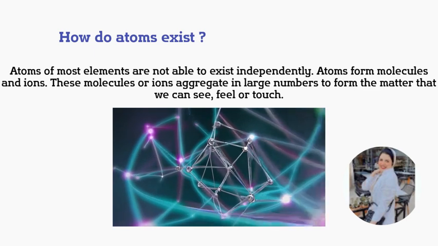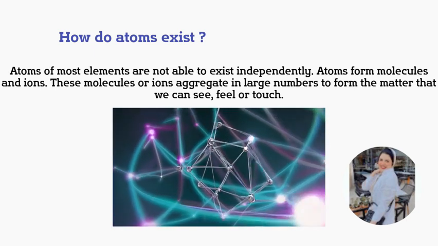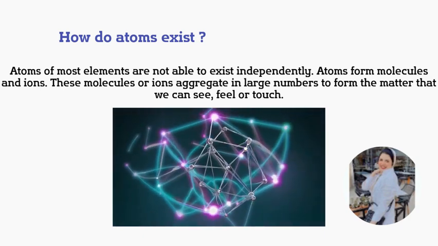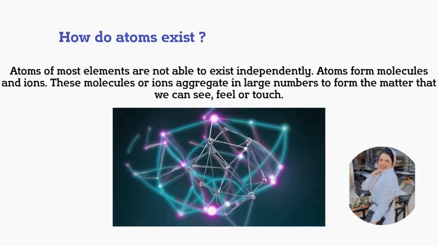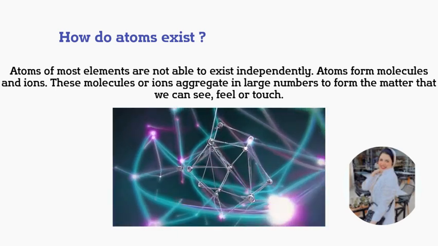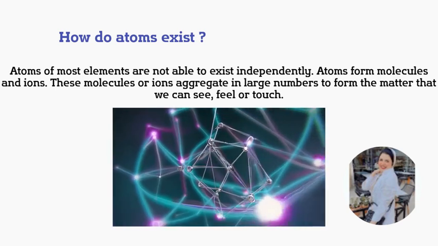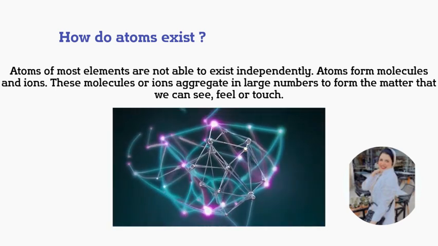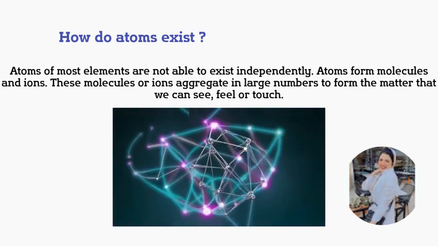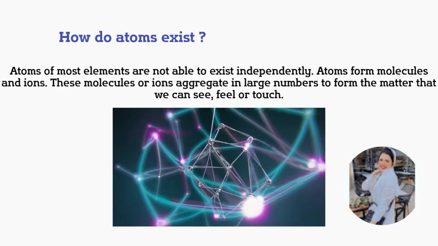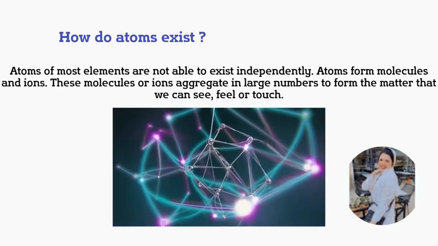Water, H2O. So a water molecule has two hydrogen atoms and one oxygen atom. A lot of water molecules, H2O, H2O, H2O, join together, aggregate together to form the water which we drink, which we can see.